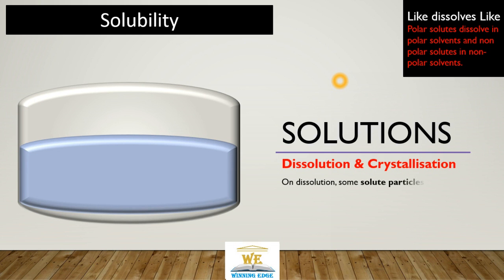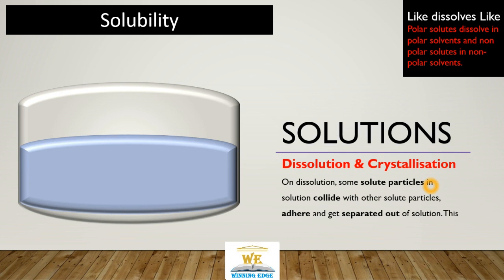Dissolution and crystallization. We know when we initially start putting solute in solvent, it dissolves in it. But after some time, some solute particles in solution collide with each other and start adhering and get separated out of solution.